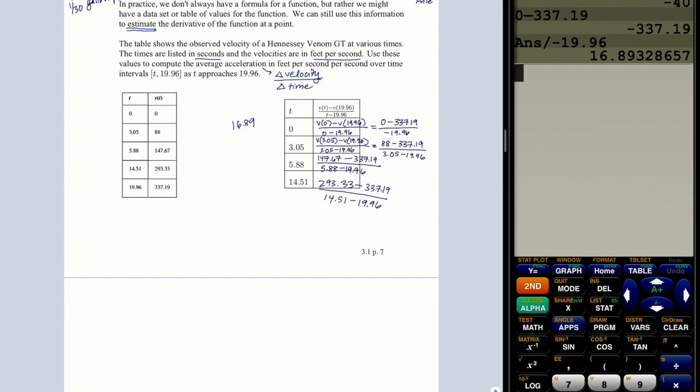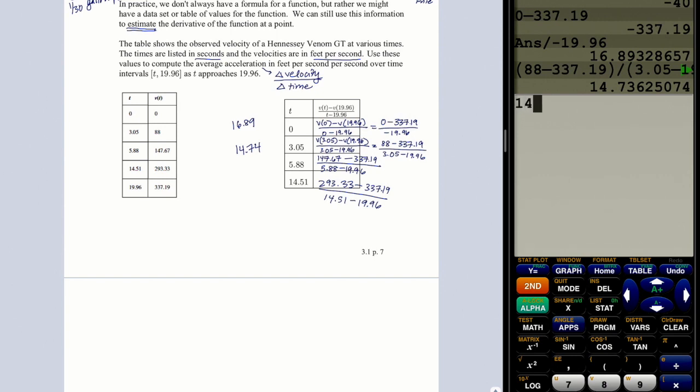The next one, I'm coming up with 14.74, we'll say, feet per second per second.